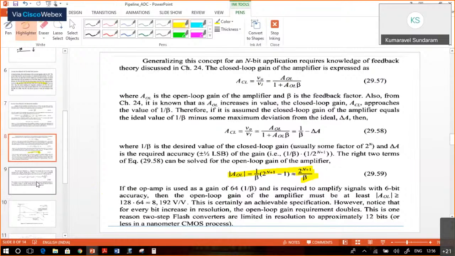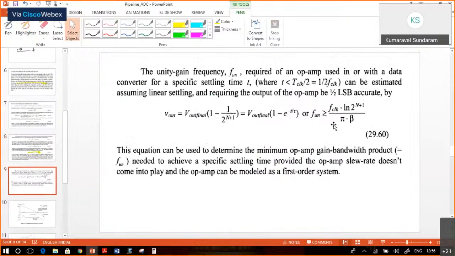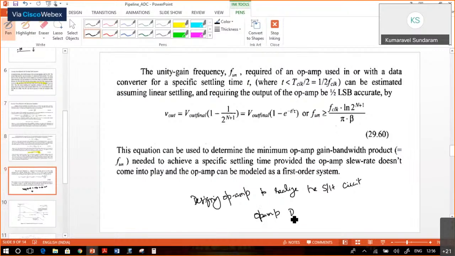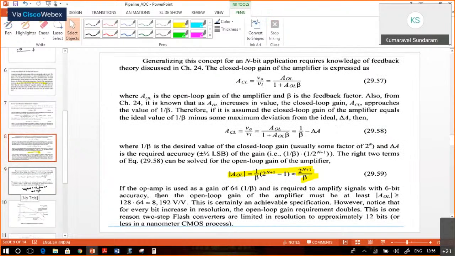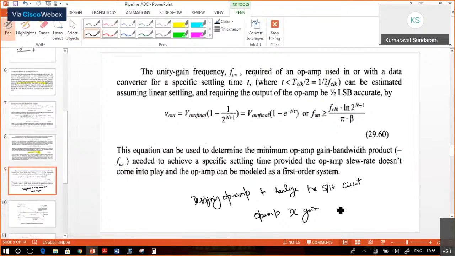Okay, and to attain the sampling frequency, what should be your unity gain bandwidth? For designing the op-amp to realize the sample and hold circuit, the op-amp DC gain should be AOL, open loop gain, greater than or equal to 2 power n plus 1.